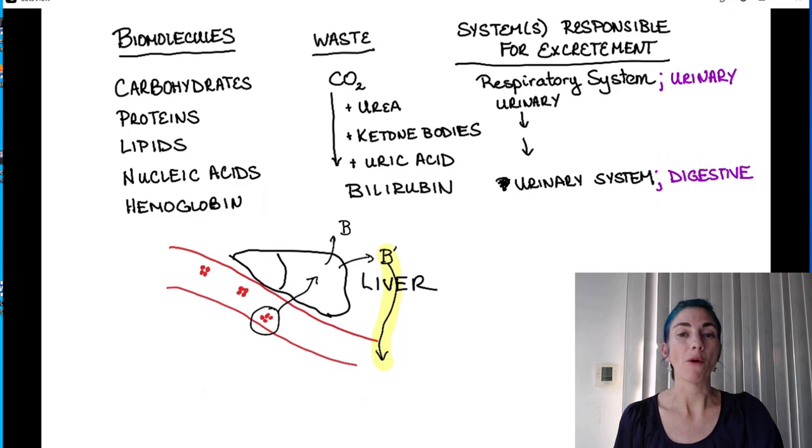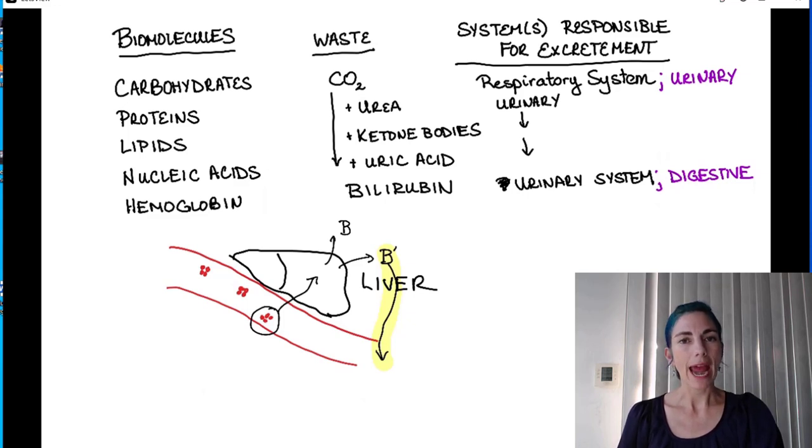We'll make it yellow because that bilinogen has iron in it, and that metabolized iron is what makes the urine yellow. If you've ever wondered why urine is yellow, it's not because of urea, it's because of the bilirubin byproduct that is made.